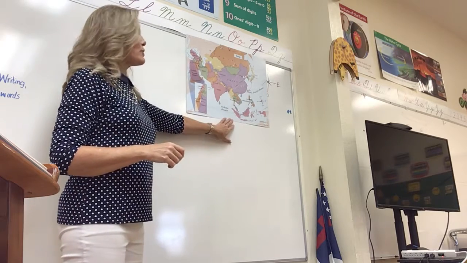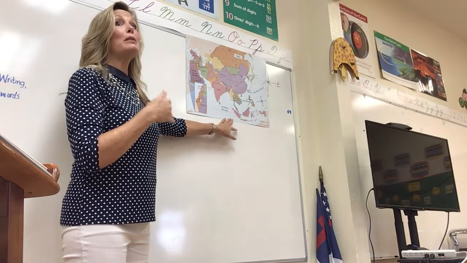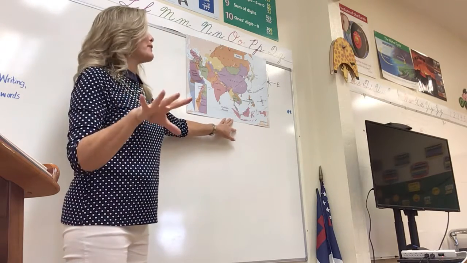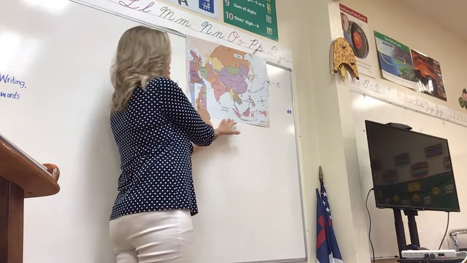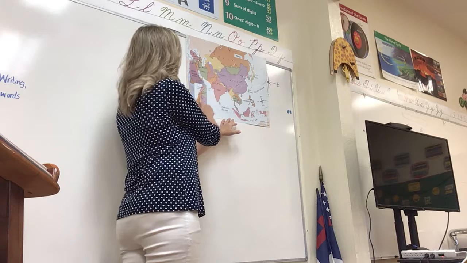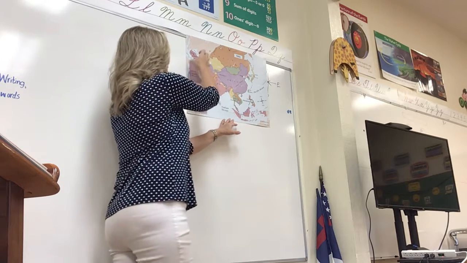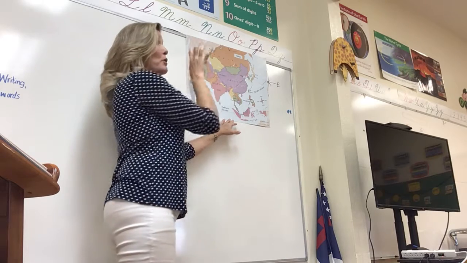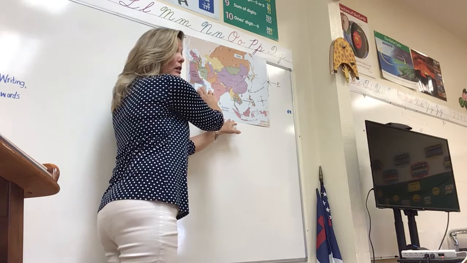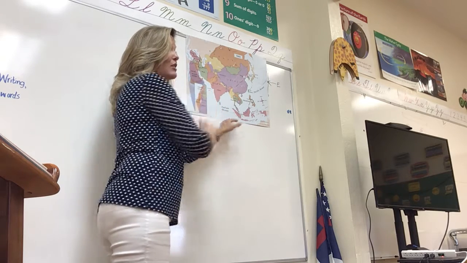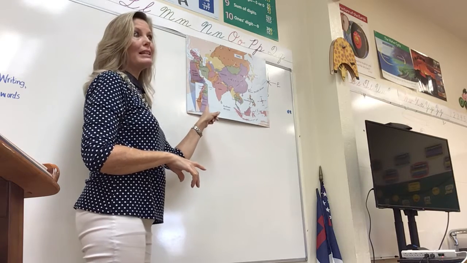Now I want to show you something about this map that you'll see on maps frequently throughout the year. And that's this here. Whenever you have a section of the map that is marked with a boundary and then shown in another area of the map, it's called an inset, and they do that to show it in greater detail.